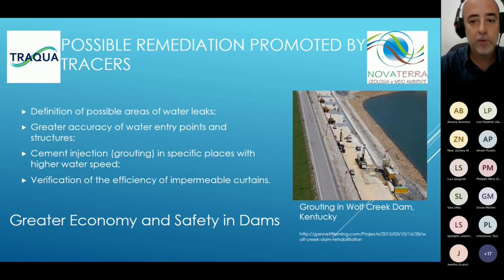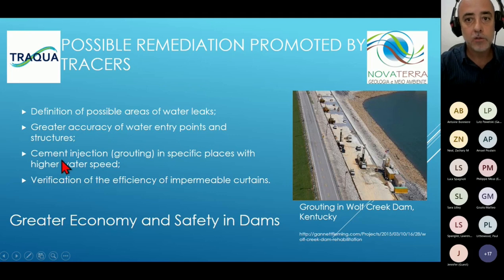And the fluorescent tracer or other artificial tracers can be used for the definition of possible areas of water leaks in these dams, to define the points of leaks in these dams.